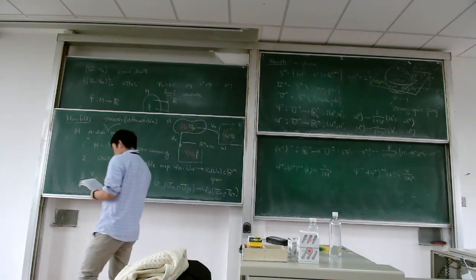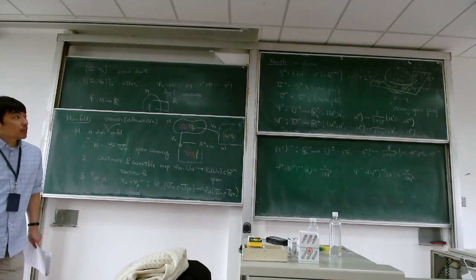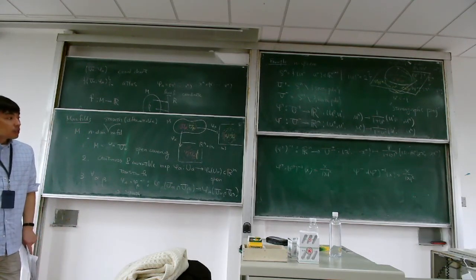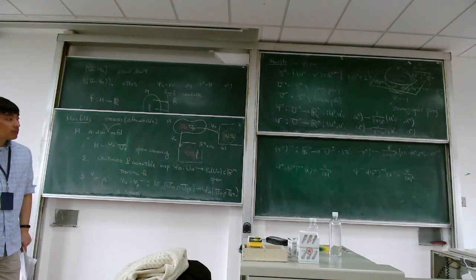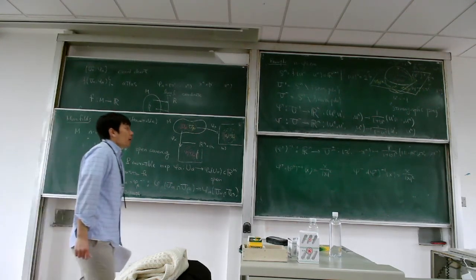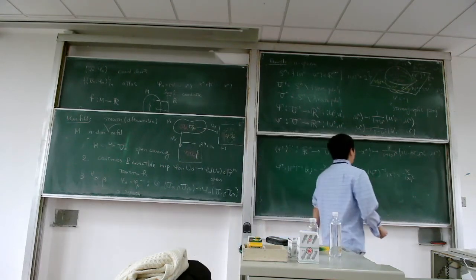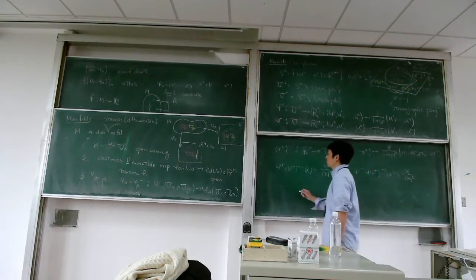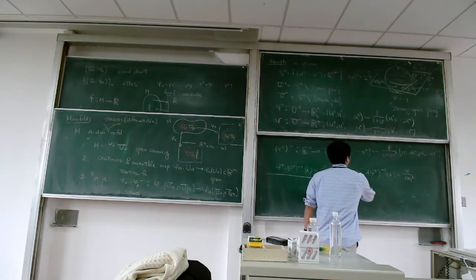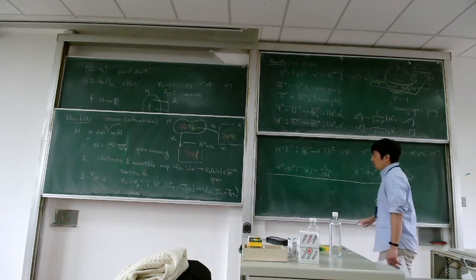So this is an example of the n-sphere, and it's a compact manifold.